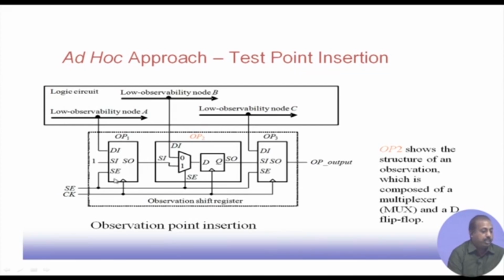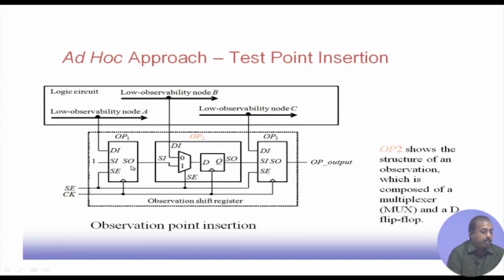If you look into one particular cell, say the OP2 cell, it has one input from this low observability node B, and another input coming from the OP1 cell. Then it goes to the D flip flop through this multiplexer, and from this D flip flop it goes to the scan out point, or serial out point, or shift out point, and that goes to the shift input of OP3.